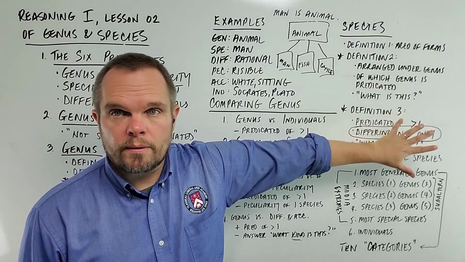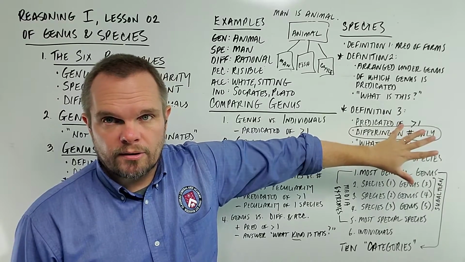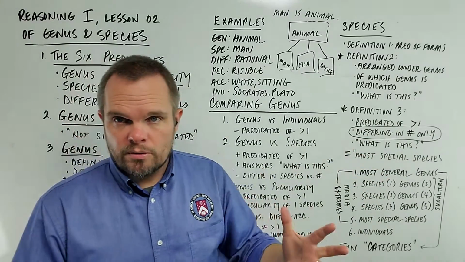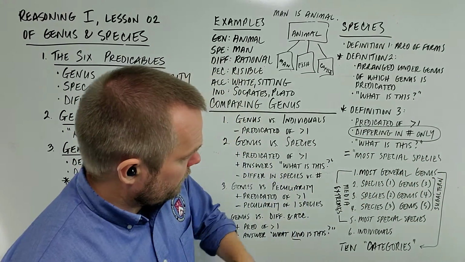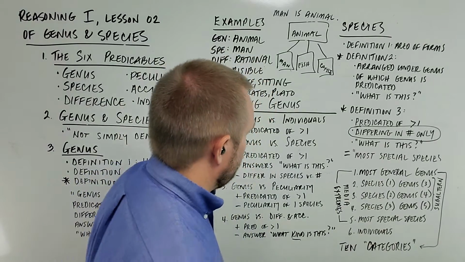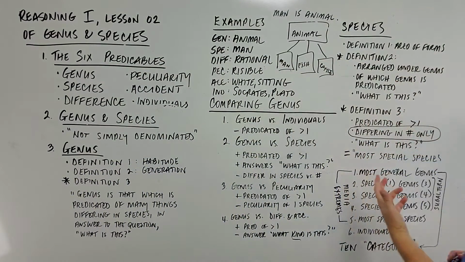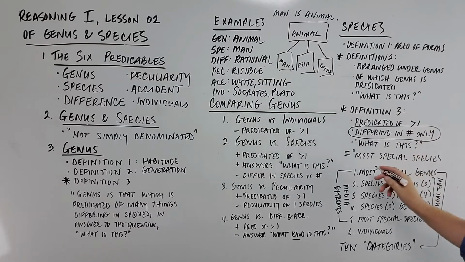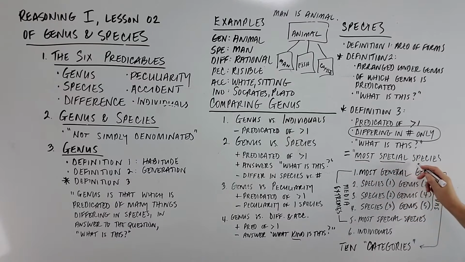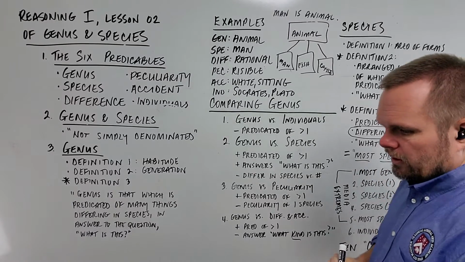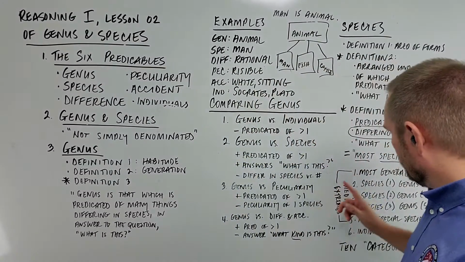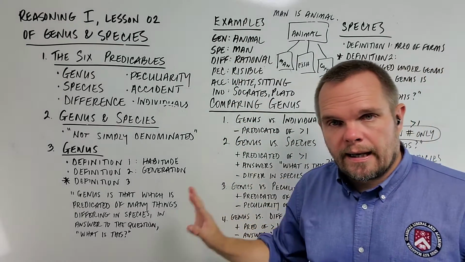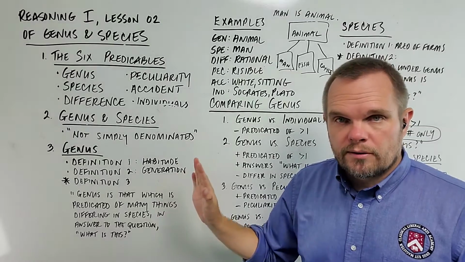Both of these are going to be used in Aristotle, but they have two different meanings, and they're going to have two different names, as we're going to see now. What this means is that there are two different kinds of species. Definition 3 is called most special species. What we've been talking about, species so far, is actually most special species.